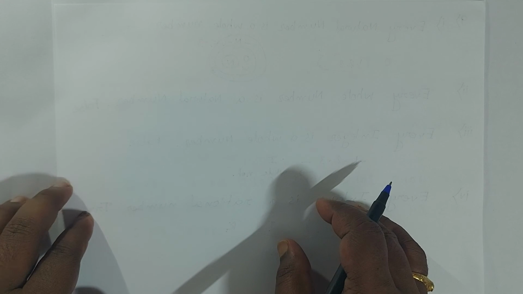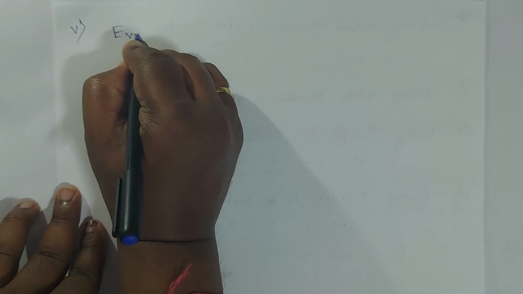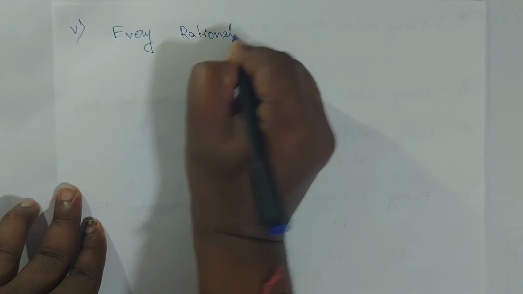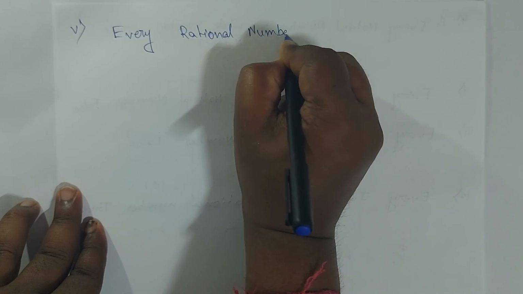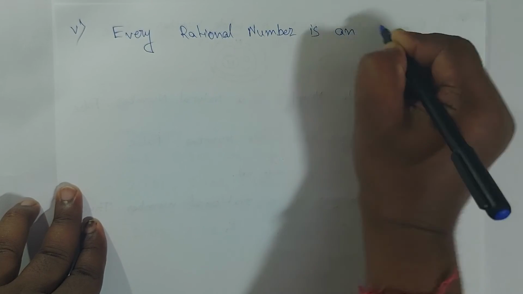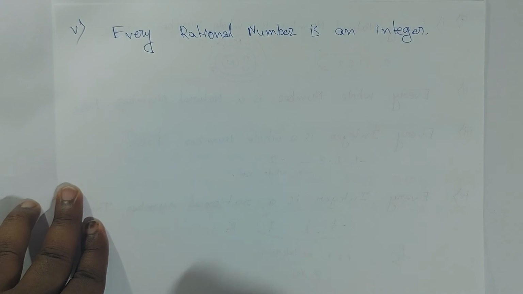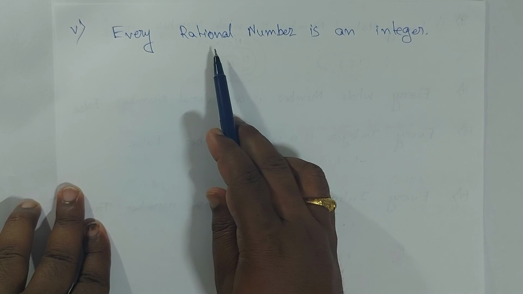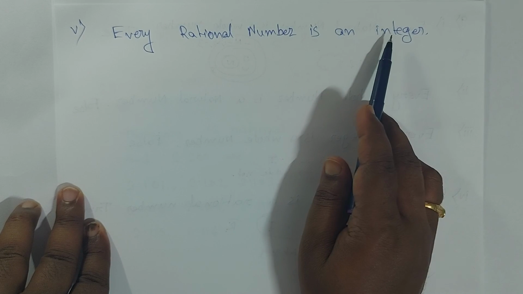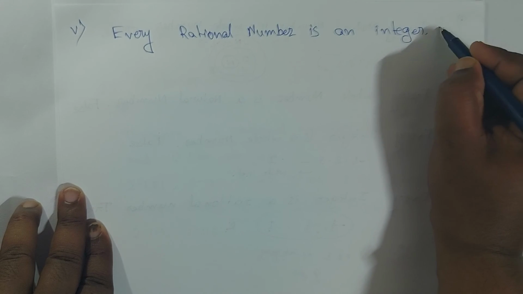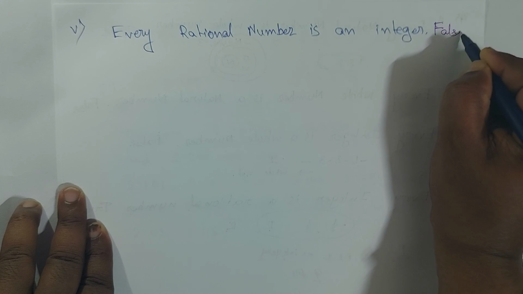Next statement, statement 5: every rational number is an integer. Previous was every integer is a rational number. Now it is every rational number is an integer. So if the previous one is true, this must be false, isn't it?